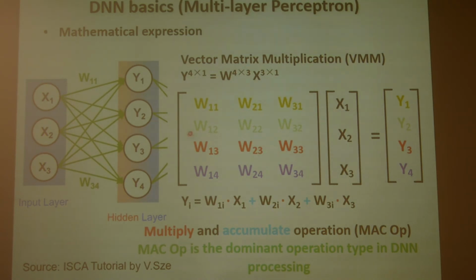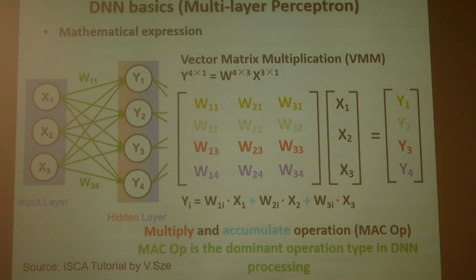We also call this matrix the weight matrix. In the weight matrix, each element represents the weight that connects 2 neurons. For example, W11 is the weight that connects the first input neuron X1 to Y1, and W12 connects the input neuron X1 to the output neuron Y2.